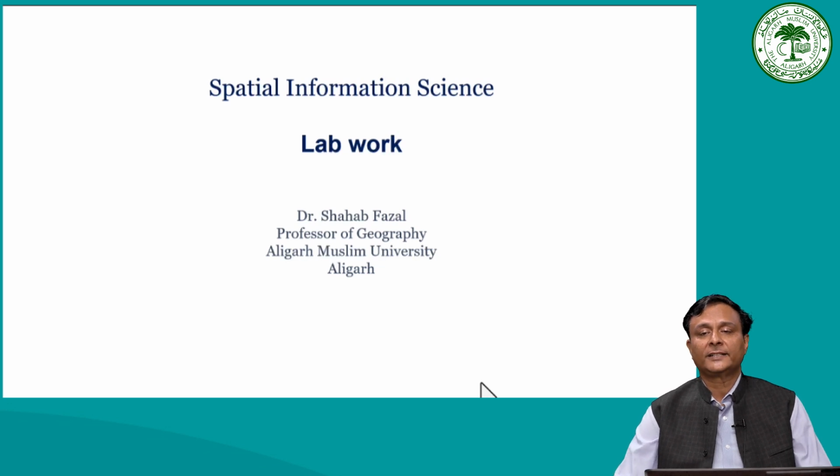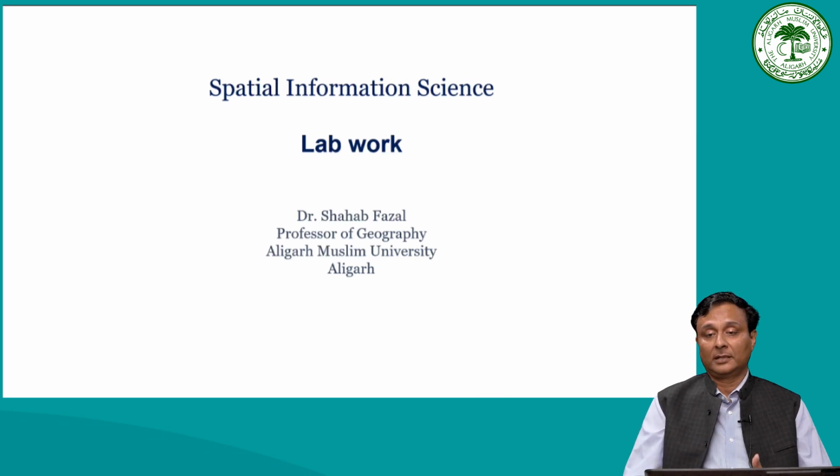All these vector data can be in the form of points, lines and polygons, and in most cases vector data will be accompanied with additional information which is stored in tabular form, which we call attribute information. This information can be in the form of text also.